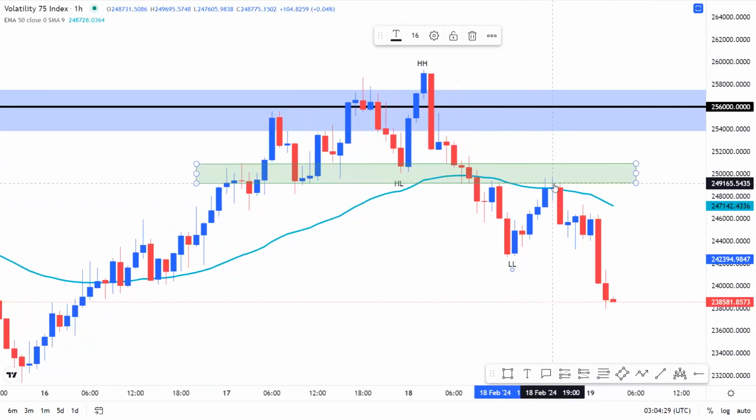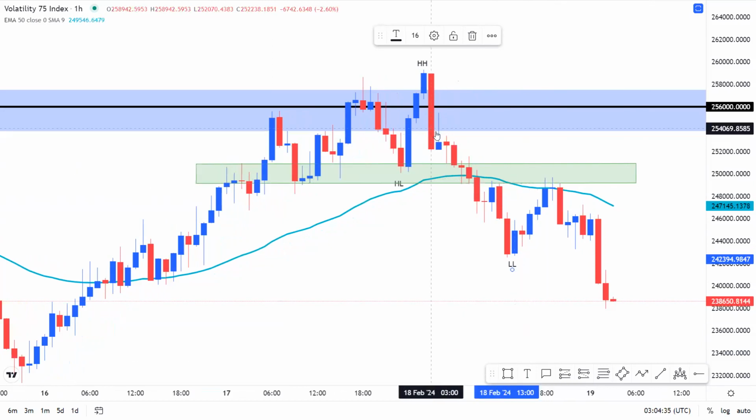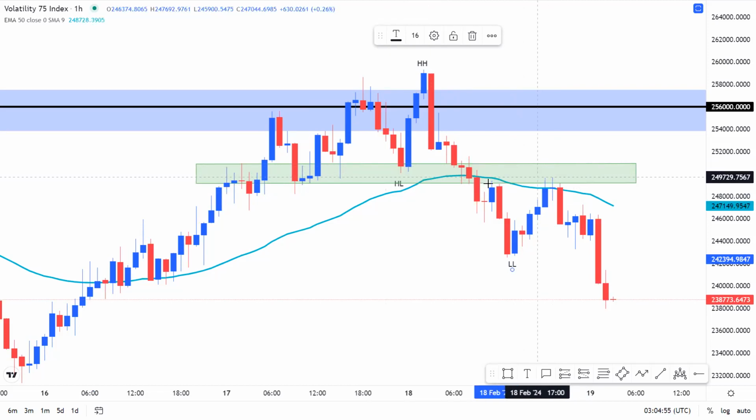And as you can see, also in confluence is the fact that we had a break below the 50 exponential moving average and then a retest of not just the hourly time frame structure level, but the moving average present at the level, acting as a dynamic resistance.